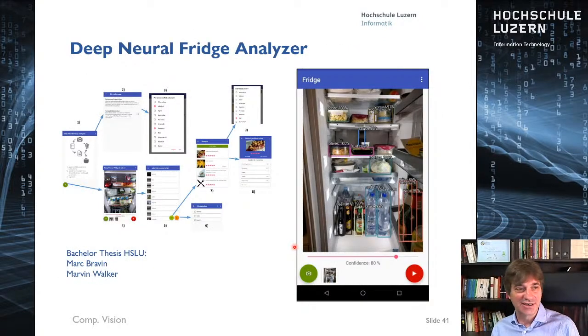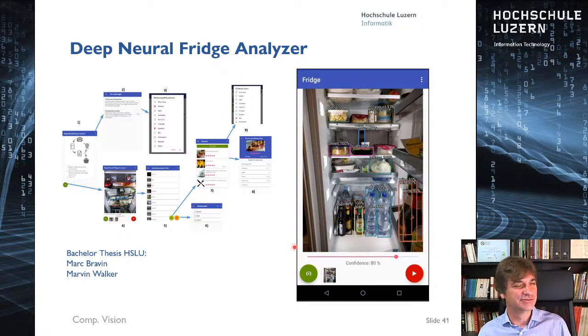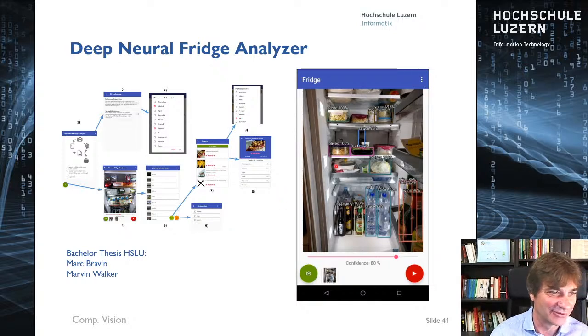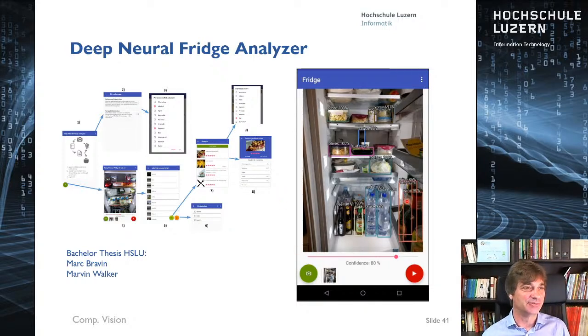Okay, we actually had, I think now it's 2 years ago, some bachelor thesis that tried this object detection, and the idea was to have some mobile application that can take an image of some fridge, and it should give you the objects that you have in your fridge. Okay, so just the object, run then the detection, and then show the bounding boxes here.